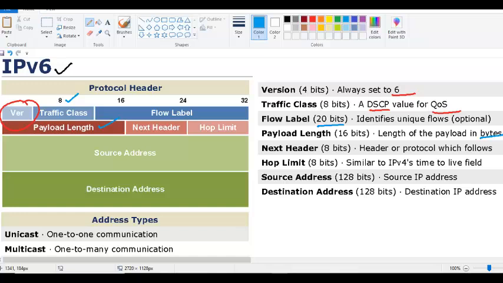If you do ping, ICMP will carry some payload and it will be small compared to the telnet that you do. You have 16 bits for the payload.